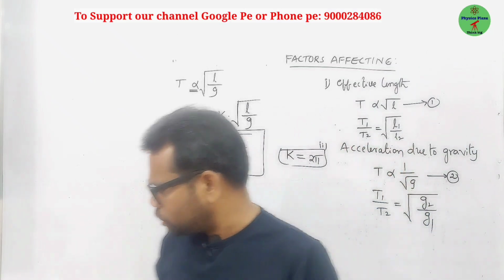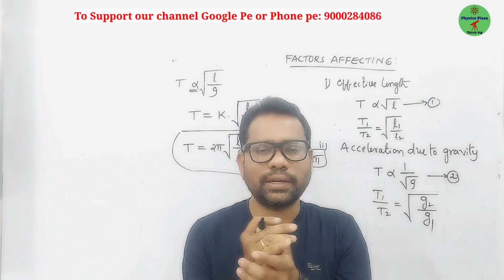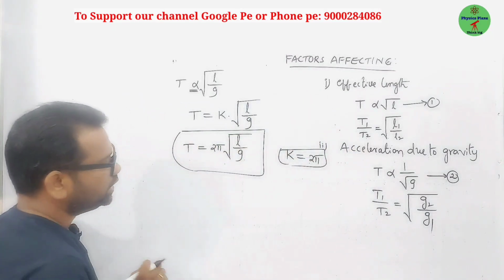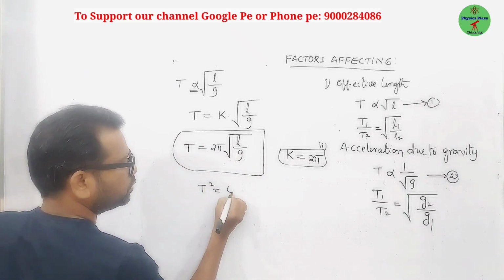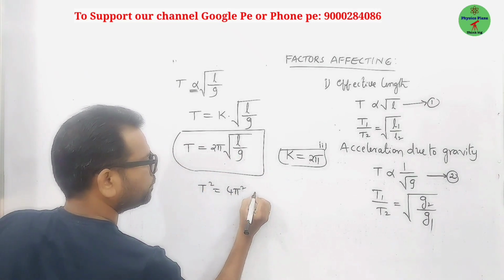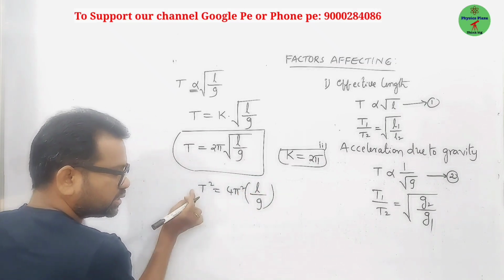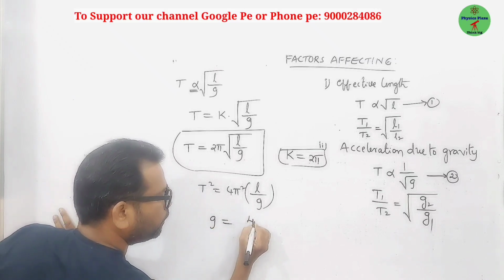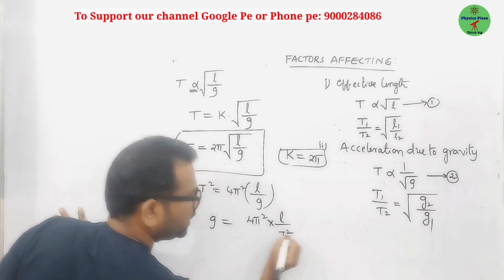Do you remember I said that by using a simple pendulum experiment, we can calculate the acceleration due to gravity? How? Look at it from here only. If we square on both sides, T square is equal to 4 pi square L by G. So get G on this side, T square on this side. So G is equal to 4 pi square into L by T square.